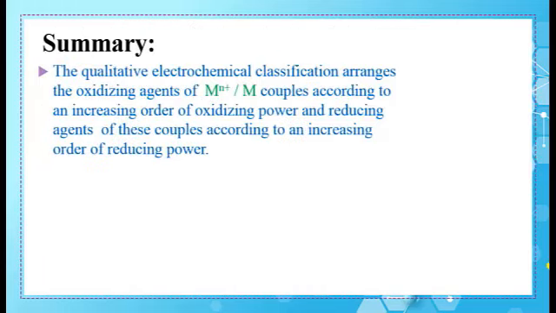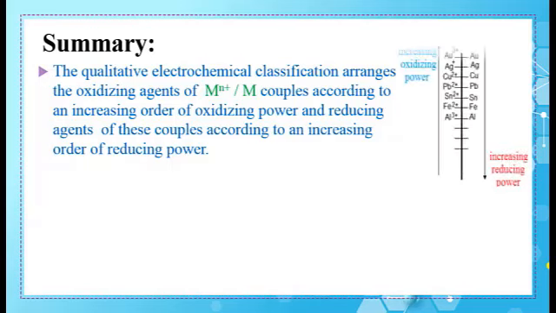The summary of this lesson: first, the qualitative electrochemical classification arranges the oxidizing agents of the Mn+/M couples according to an increasing order of oxidizing power, and the reducing agents of these couples according to an increasing order of reducing power, according to the axis.